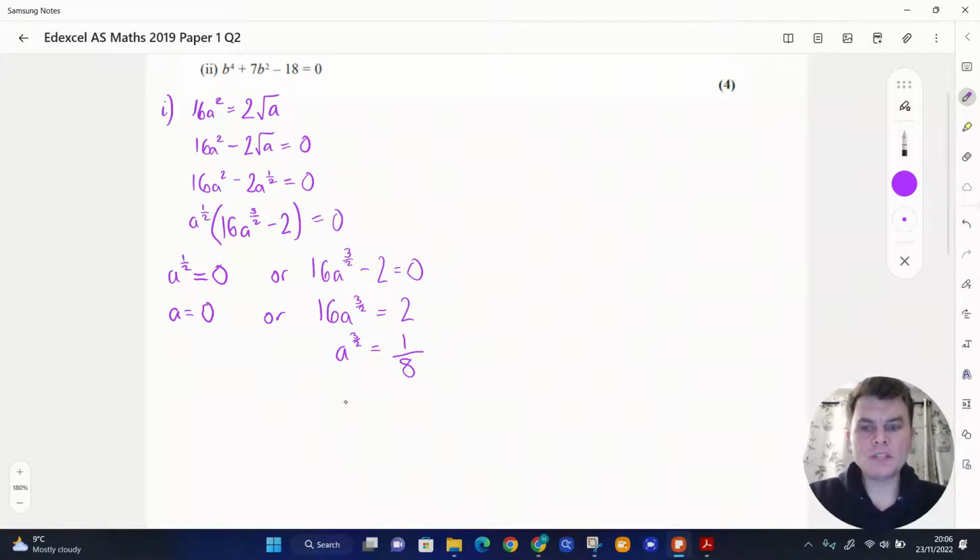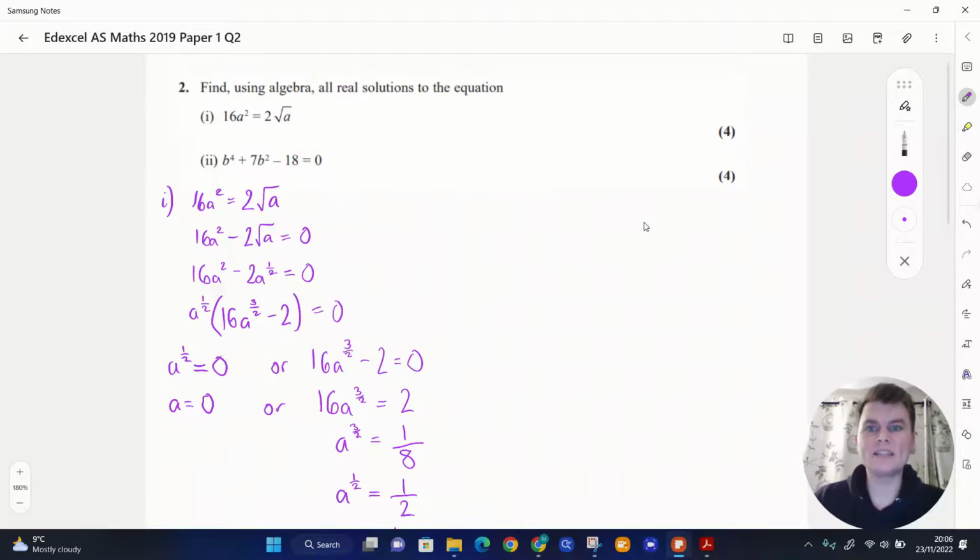Take a cube root of both sides. That gives me a to the half equals 1 over 2. Which of course, if I square both sides now, a is a quarter. So we've got a is 0 and a is a quarter.